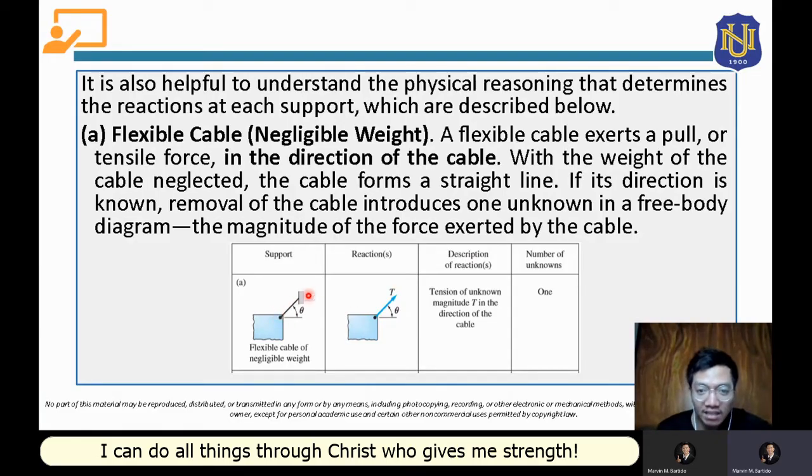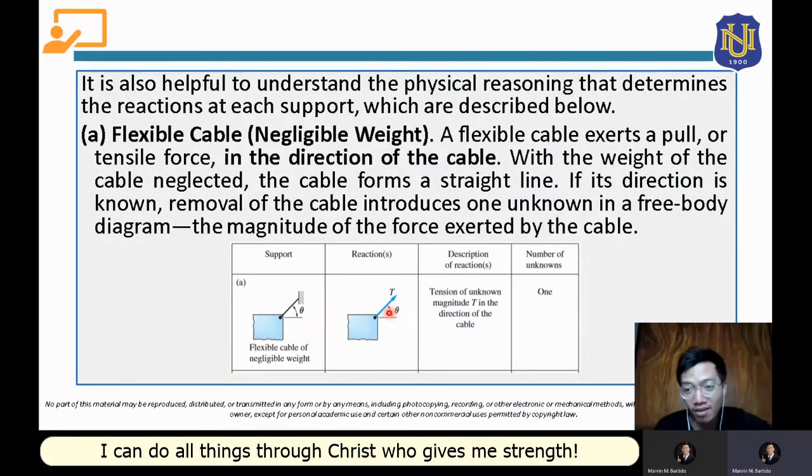So if the cable is directed, let's say, theta from the horizontal, then the reaction force T should also be theta from the horizontal. That will be the direction of application of the reaction force that is provided by this cable. It will always be this way. It is always a pull, it can never be a compression force.